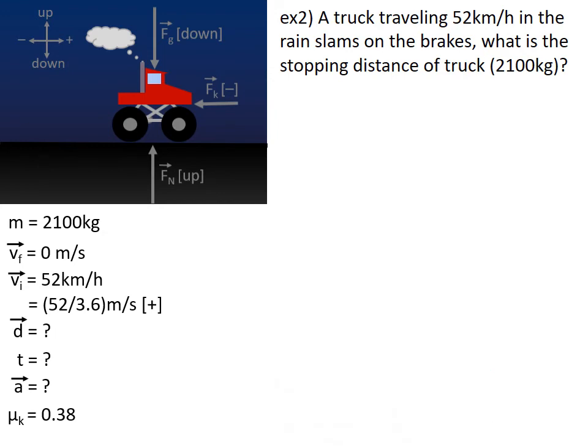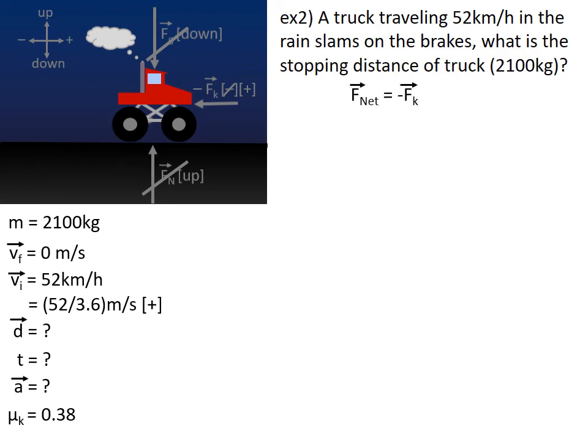Now I want to switch everything so it's going the same direction. So I'm going to choose again positive to be the direction that everything is set to. So FK, which is in the negative direction, will have to be changed to the positive direction. So that becomes negative FK in the positive direction. It turns out that is my net force because FG and FN factored out.